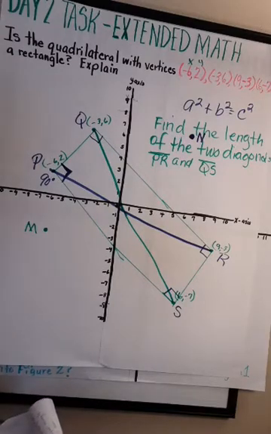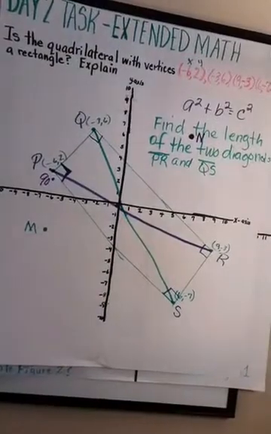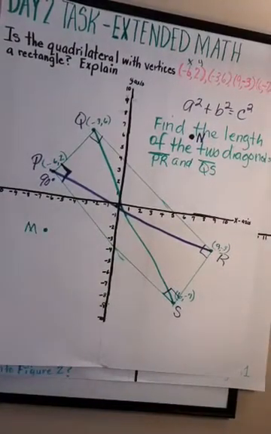Now, I'm going to try to make this as clear as I can for you. I'm going to try to trace it with another color so you can actually see the diagonal and which triangles it makes up.